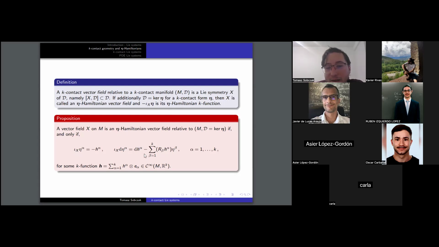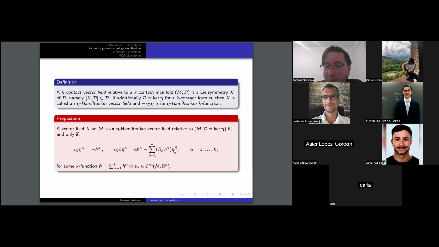So if we have an eta-Hamiltonian vector field and eta-Hamiltonian k-functions, it has to be fulfilled that the contraction of X with each eta^alpha gives us minus H^alpha, and the contraction with each d eta^alpha of our eta-Hamiltonian vector field has to be equal to the differential of the part H^alpha of our eta-k function H, minus a term.